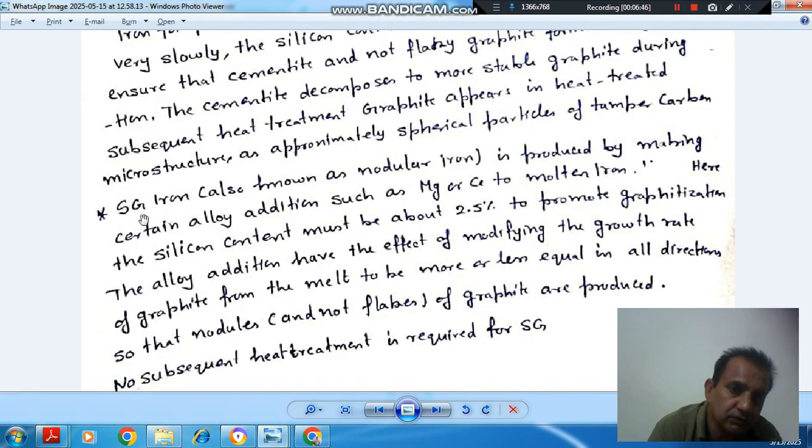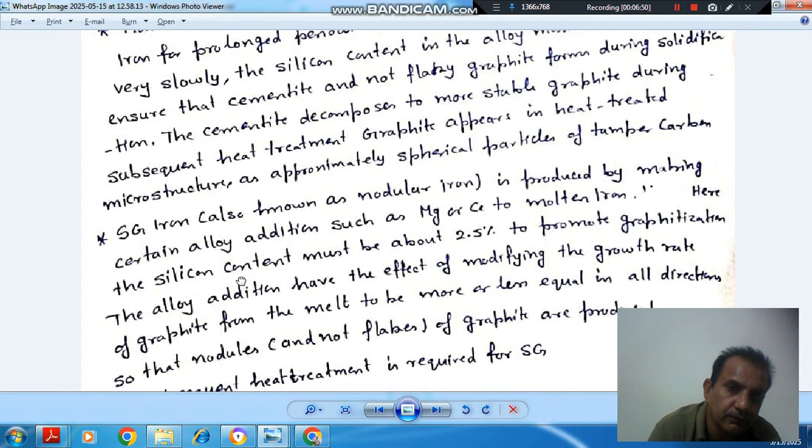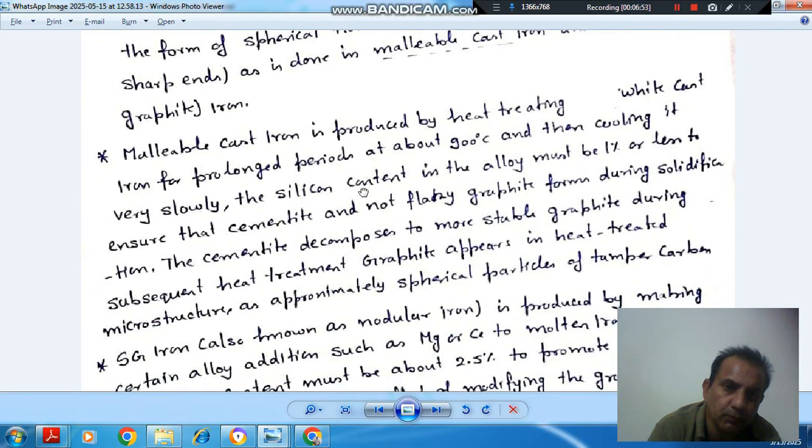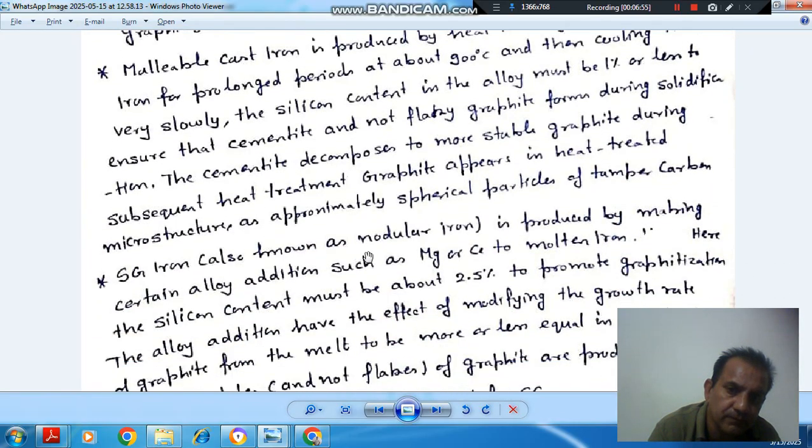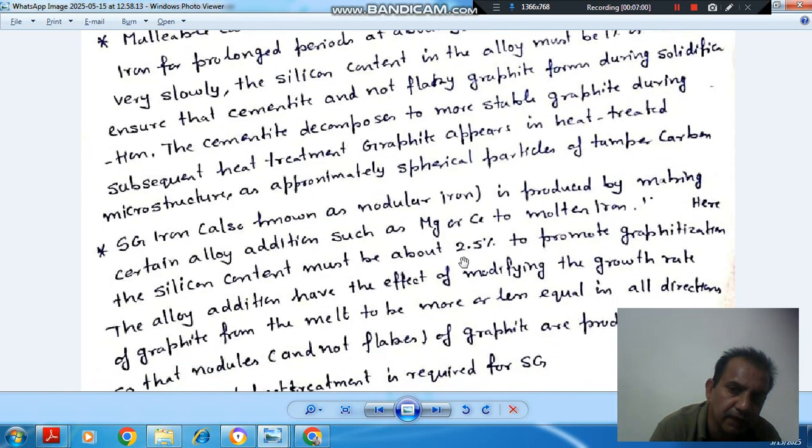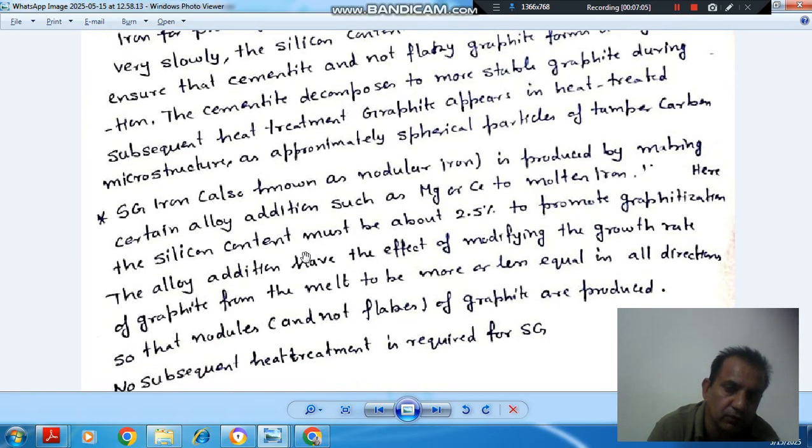Next, SG iron, spheroidal graphite iron, also known as nodular iron, is produced by making certain alloy additions such as Mg or Ce to molten iron. Here silicon content will be increased because we want graphite, not cementite. Silicon content must be about 2.5% to promote graphitization.